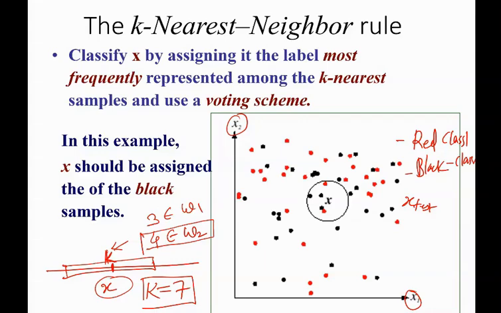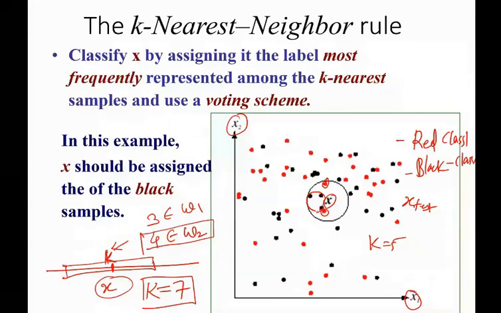Suppose I take this example, x equal to this x test, and I say k is 5. Then you see that there are 5 samples around this x. So I will stop my window growing and then see that for black, there are 3 samples around x, and for red there are 2 samples. So I said black is class 2 and red is class 1.